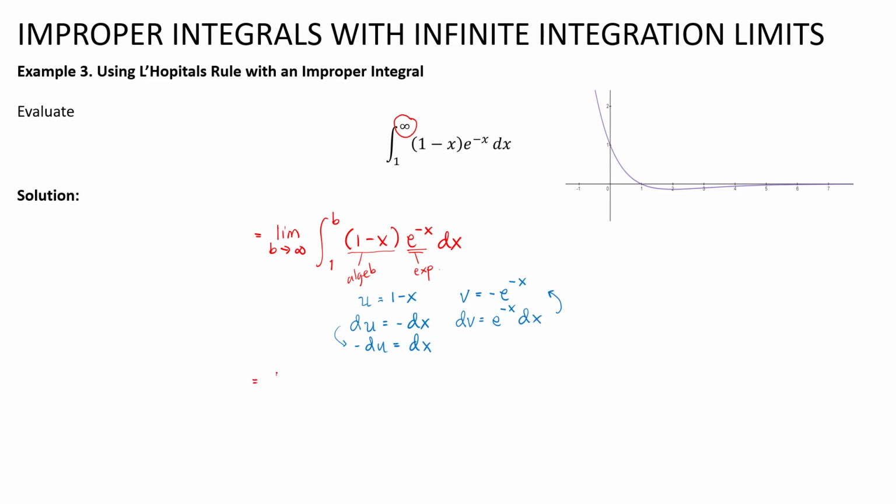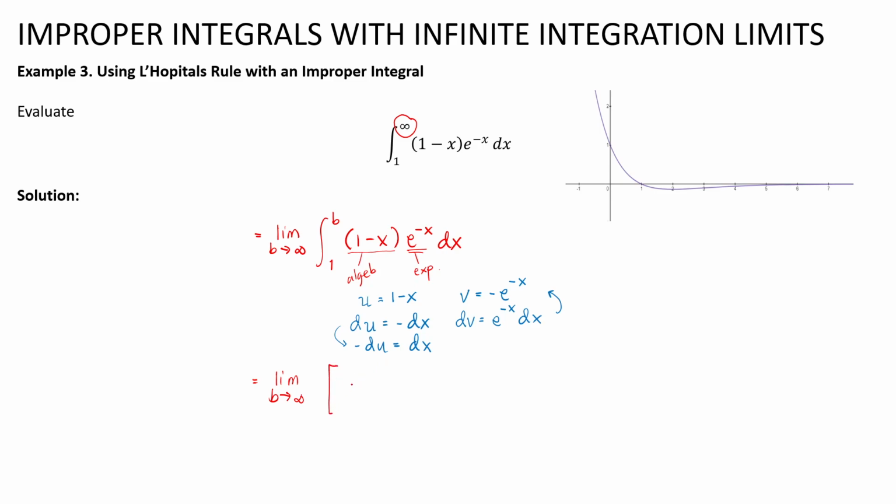So getting the integral now, the limit as b approaches infinity, and then we apply already the formula for integration by parts, and that will be uv minus the integral of v du.